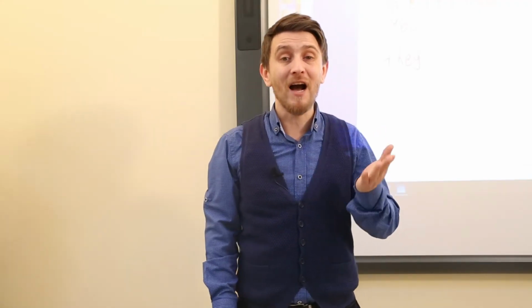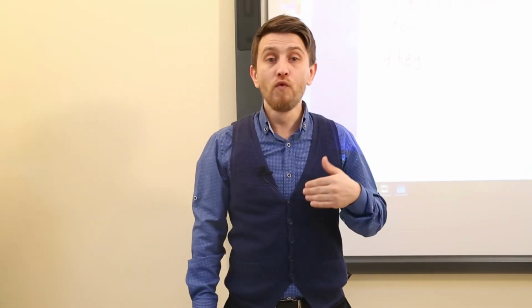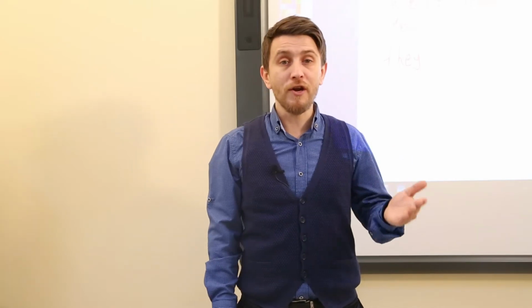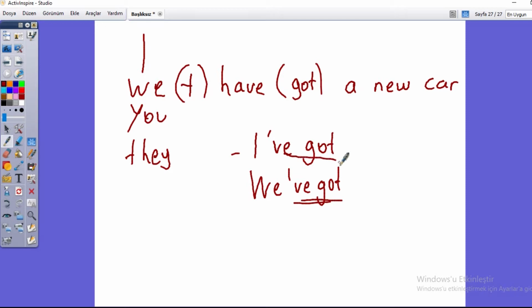So we say I've got a new car. You've got a new car. We've got a new car. They've got a new car. Let's write them. I have got, so we say I've got. We have got, we've got. You have got, you've got. They have got, we say they've got.